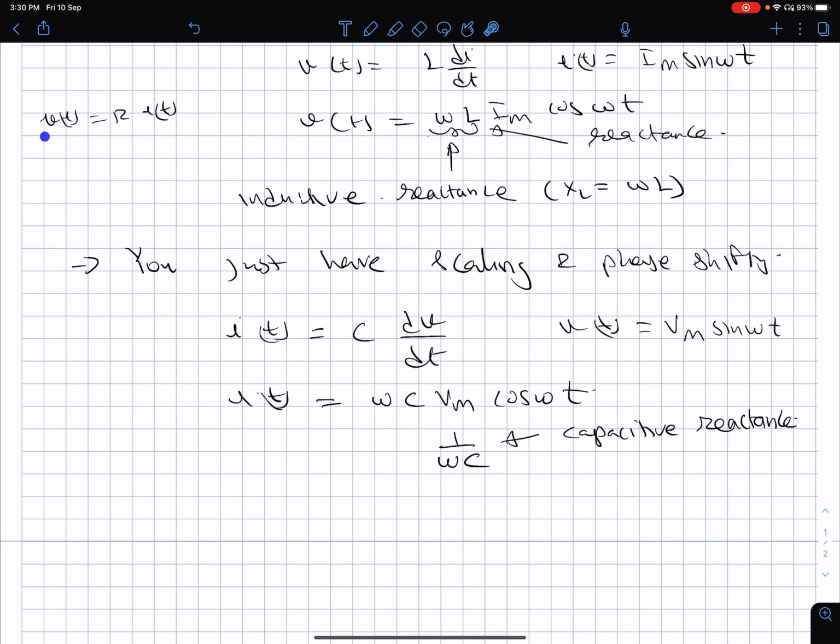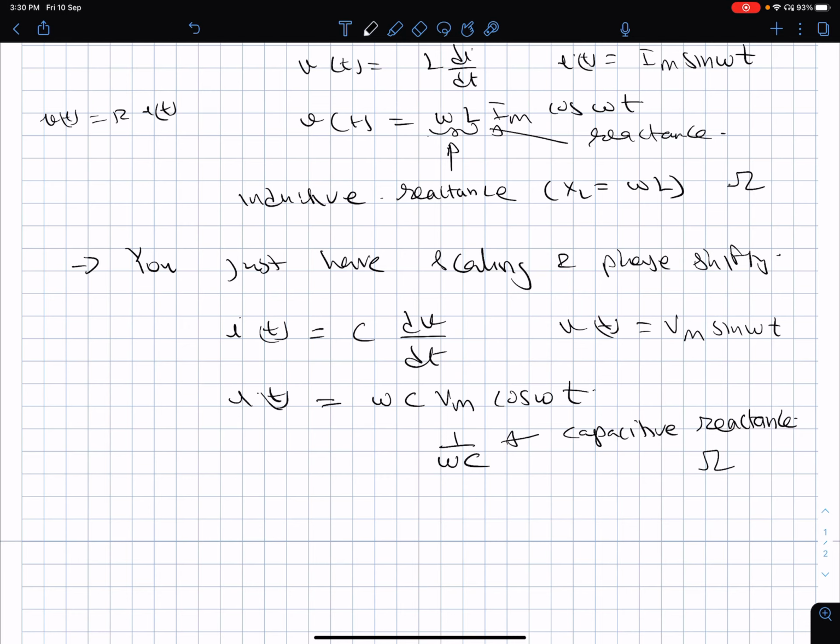And the ratio of volts by amperes will always have the unit of resistance, which is ohms. So the inductive reactance will have a unit of ohms, and so will the capacitive reactance 1 by omega C.